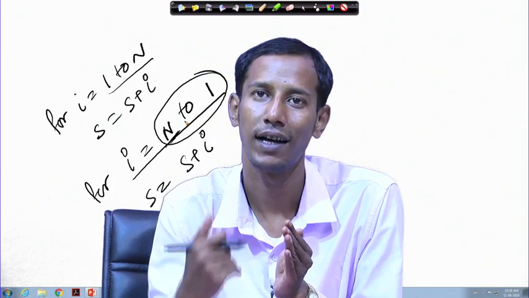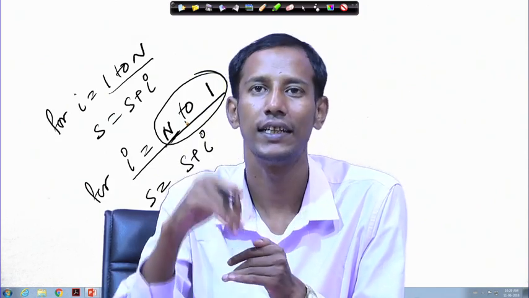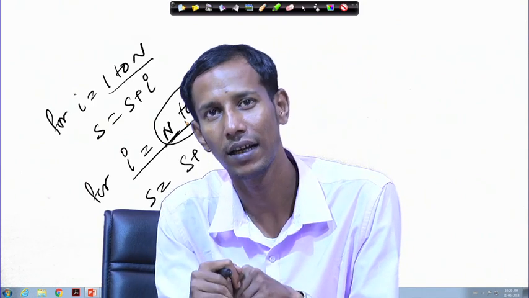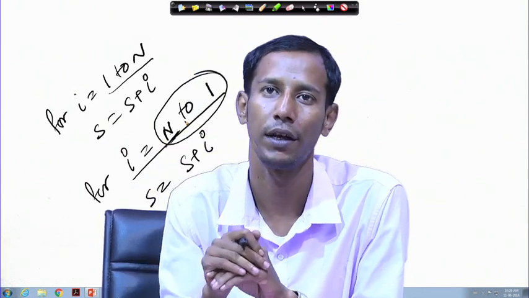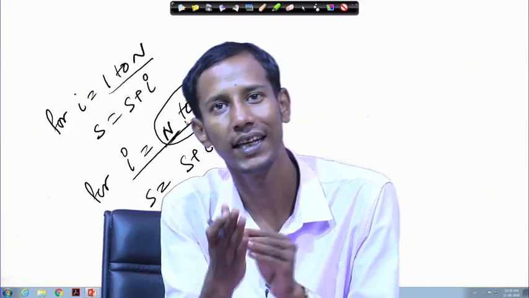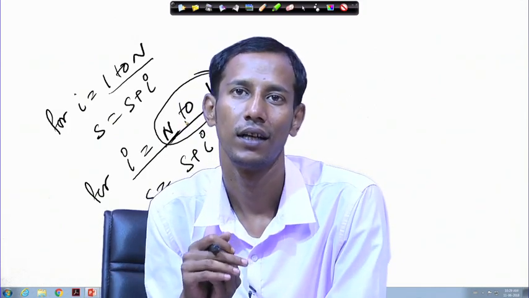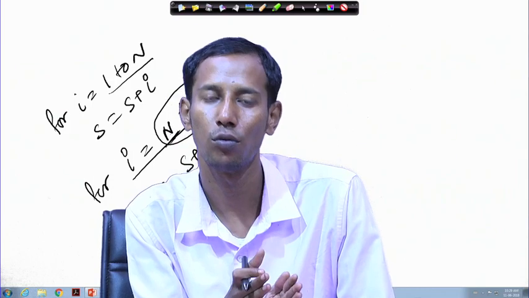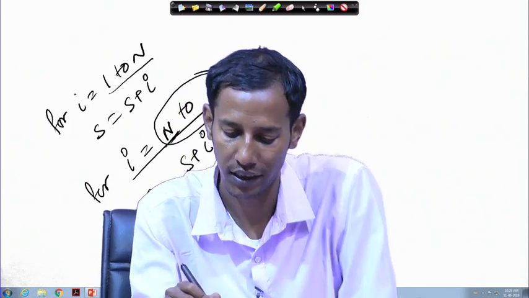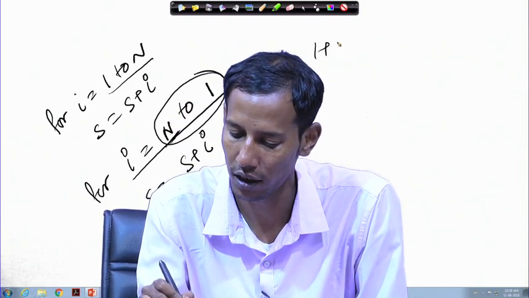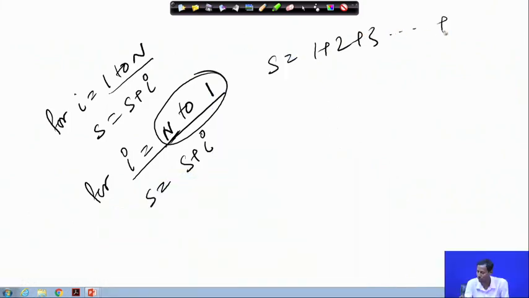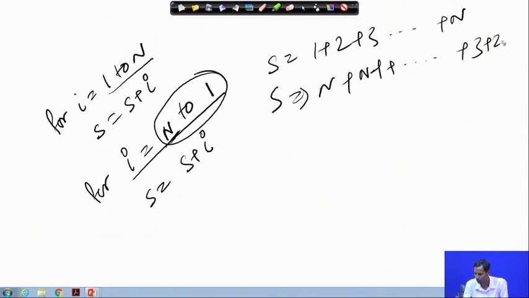Instead of doing that, in the counter itself, if I load the initial value of n and then start decrementing it, my logic initially was 1 plus 2 plus 3 and so on, but now it has become n plus n minus 1, and so on, plus up to 3 plus 2 plus 1.